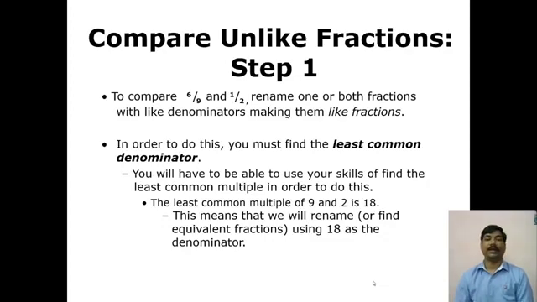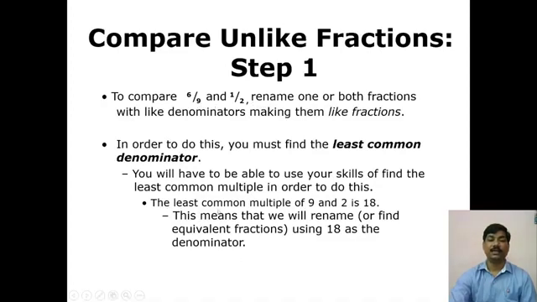Now we are taking another example. Now the fractions are 6 upon 9 and 1 upon 2. So in step first, we will do the same. First we find the LCM of 9 and 2.